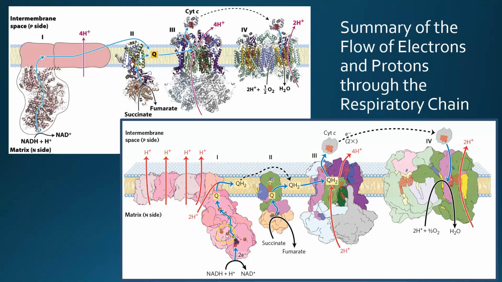So while it is complicated to accurately quantify the numbers of protons that are pumped and the numbers that are consumed, which is different than pumping, they're showing in this picture hydrogen ions being consumed from the matrix. It's fine to just think about it as 4 protons being pumped by one complex, 4 by another, and 2 by another.